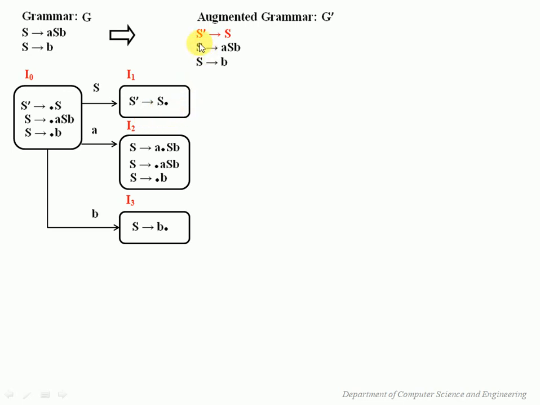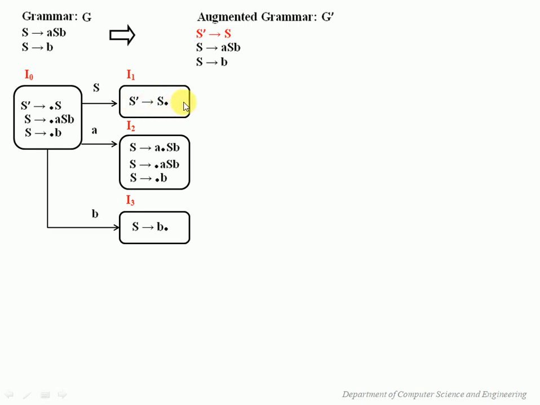We have already discussed that this new production is added to identify the point where you can accept, that is when you are sure that you have seen the sequence of terminals which can be derived from S, you can accept it. So S dot means you have seen the whole sequence of terminals derived from S, and you are ready to accept it.